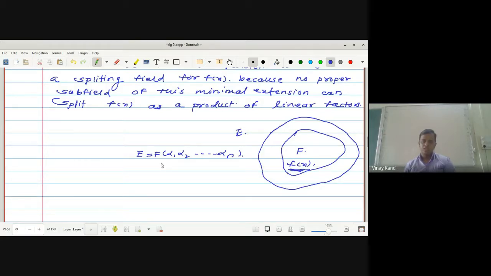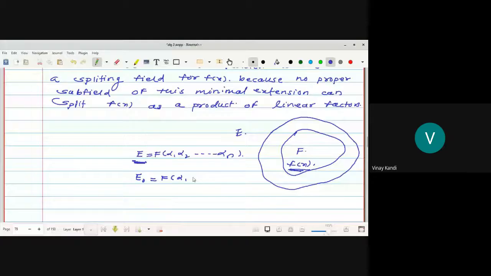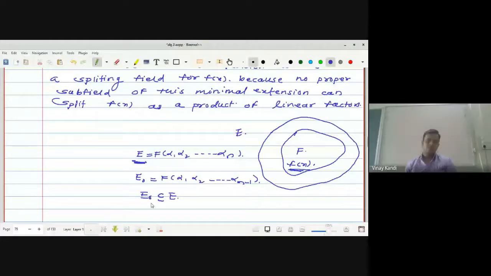And in any other proper subfield of this field E, we cannot write this f of x as a product of linear factors.